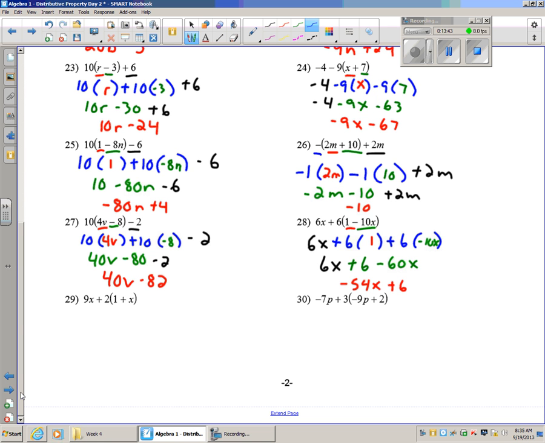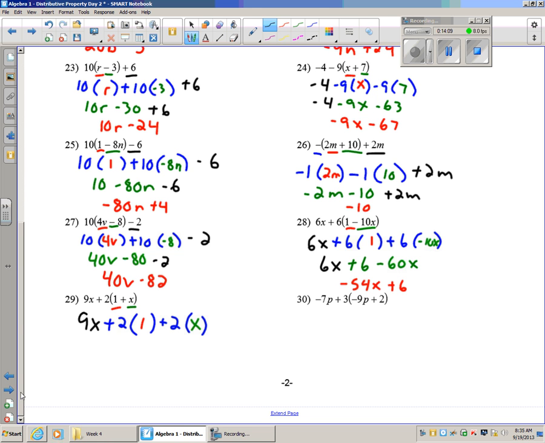Number 29. The 9x just drops down. And it's the 2 that's being distributed to two different things. So the first term is 1, and the second term is x.